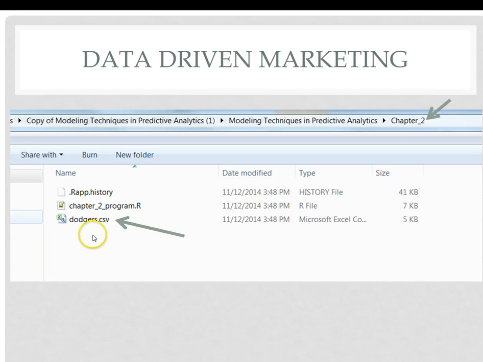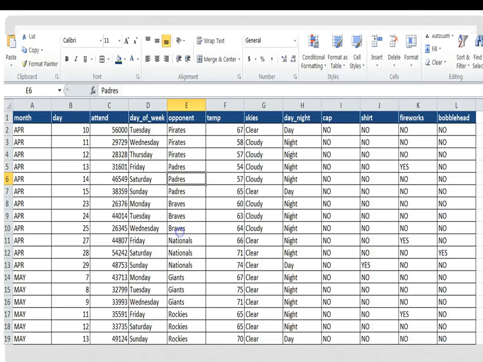We want to open up this file, dodgers.csv, and we're going to look at this code as well. I'm not sure why he has the history file as well, but you know what the history gives you, right? If you load the history file, then if you use the arrow key, you can scroll through it.